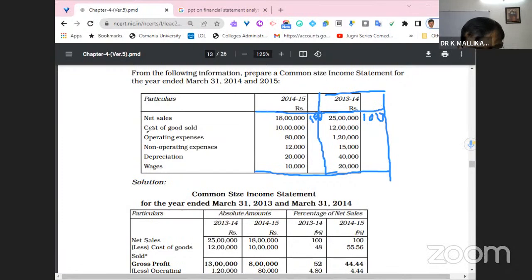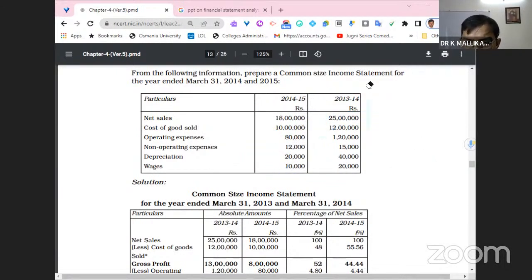Now we need to calculate cost of goods sold: 10 lakhs divided by 18 lakhs, 12 lakhs divided by 25 lakhs, 80,000 divided by 18 lakhs, 12,000 divided by 18 lakhs, 20,000 divided by 18 lakhs, 10,000 divided by 18 lakhs. So the denominator is sales. Here also same.